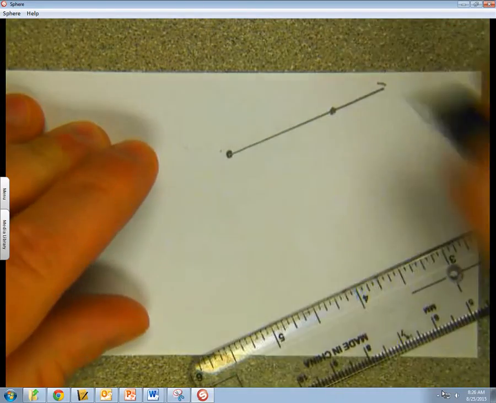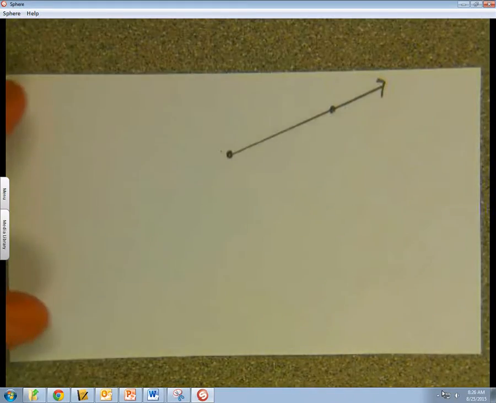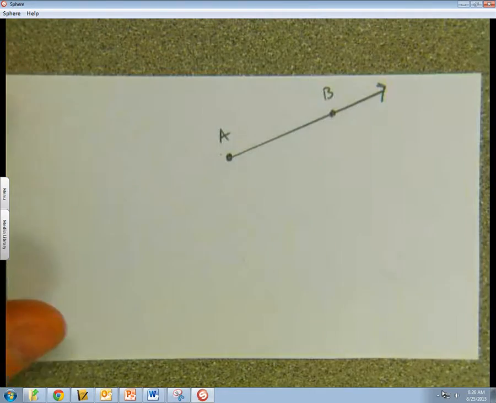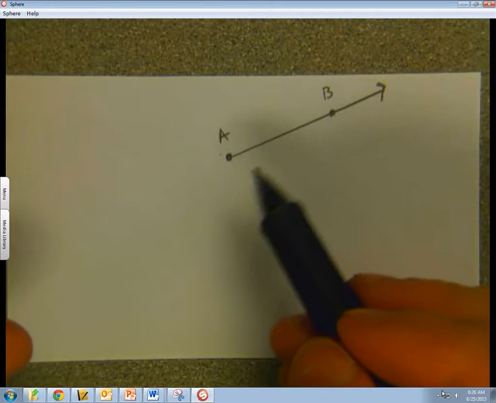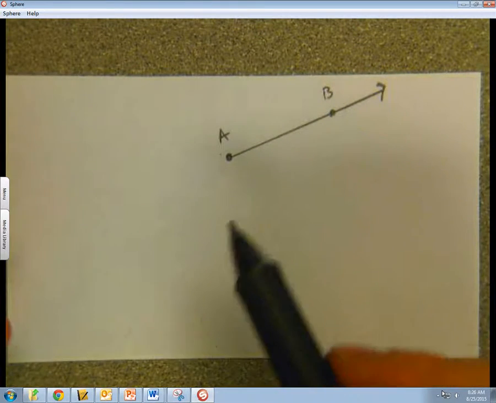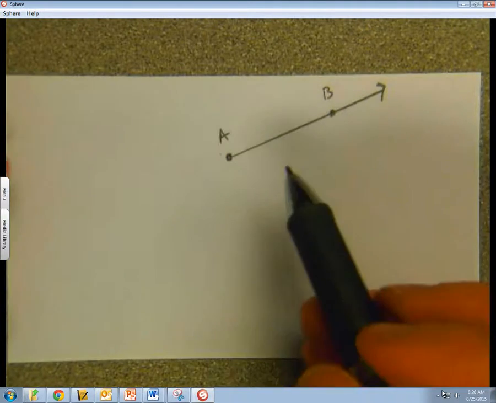There is my ray. We drew this the other day. I'll go ahead and call it AB. Now, opposite ray. What is a ray opposite to AB? Well, opposite is just the other way, right? The opposite of night is day, and the opposite of 2 is -2. So we're just going to go the other way.